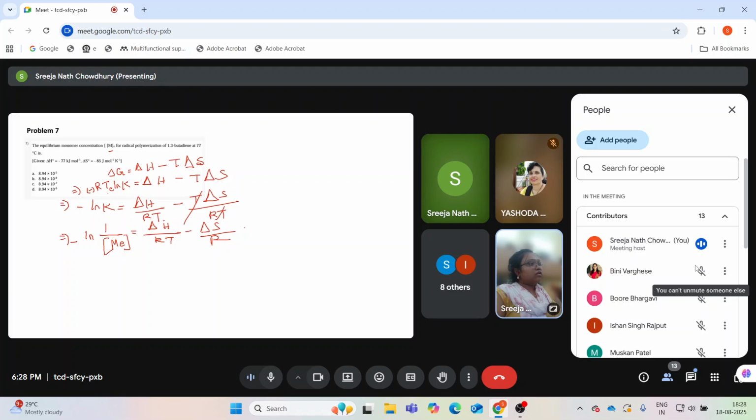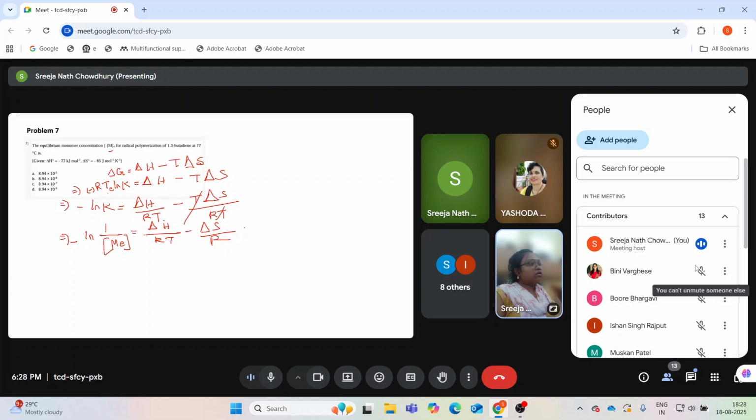In polymerization reaction, delta S will always be negative, because the degrees of freedom decrease with polymerization, because larger molecules are sluggish in nature, their degrees of freedom decrease. For radical polymerization, delta H is also negative, that has been discussed in your lecture series. So, here also answer B is correct.